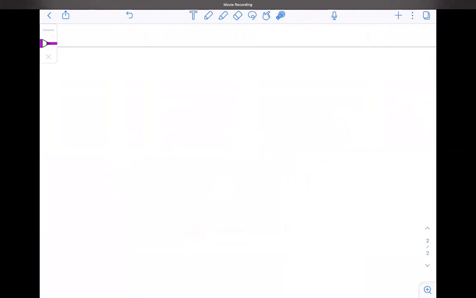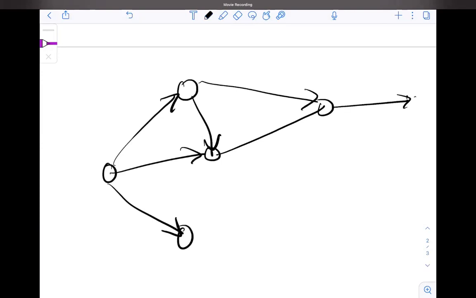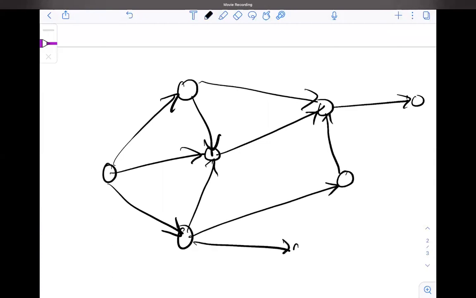I have a graph here, and then there are a lot of other things up there. Okay, so there's U to V.